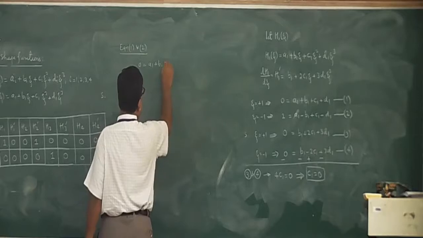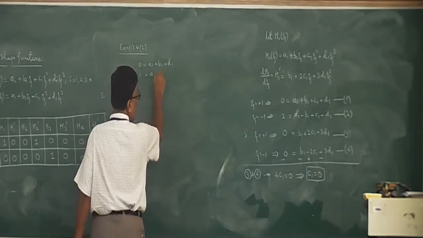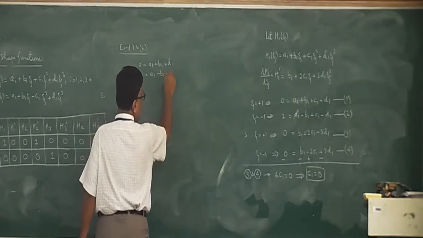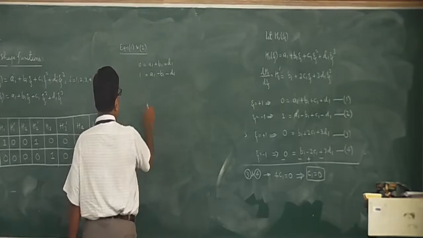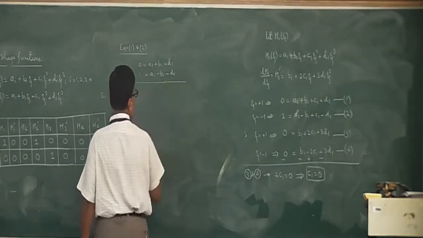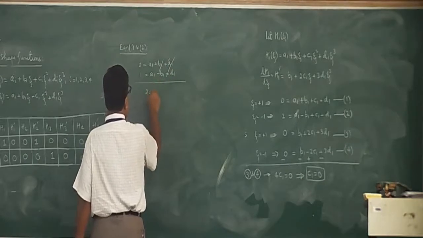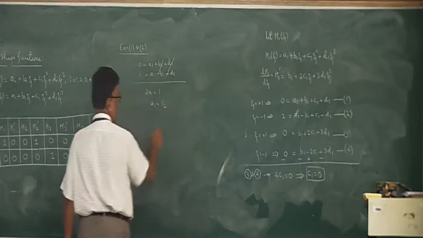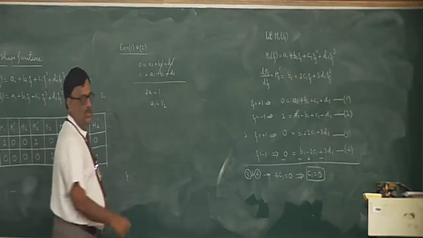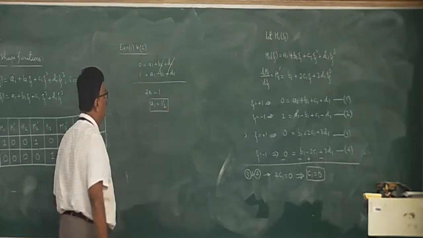C1 has already gone, it is 0, so I will write this. 1 equal to A1 minus B1 minus D1. So if I add, this and this get cancelled. 2A1 equal to 1, or A1 equal to half. So this is the second constant you have got now. You have got C1 equal to 0, A1 equal to half.